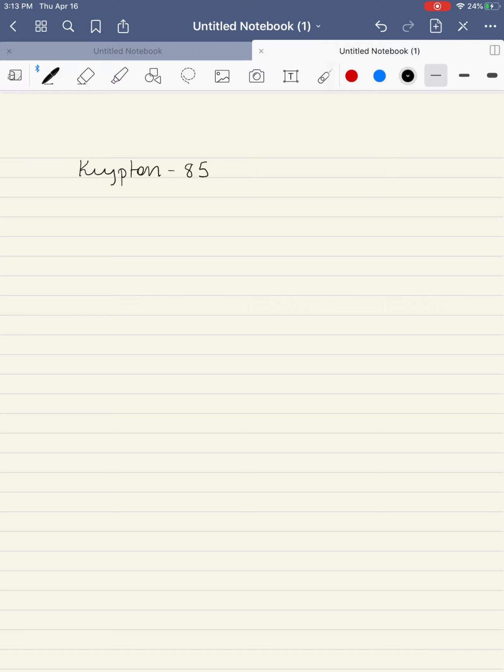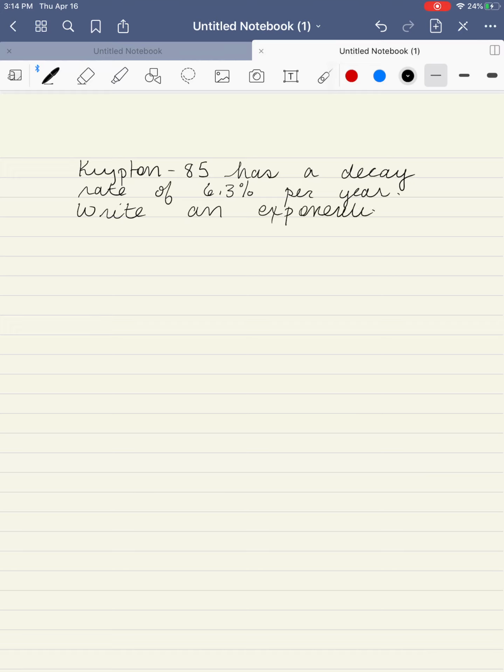So let's say that we are going to look at krypton 85, which is an element, and it has a decay rate of 6.3% per year. And we're going to write an exponential decay model.